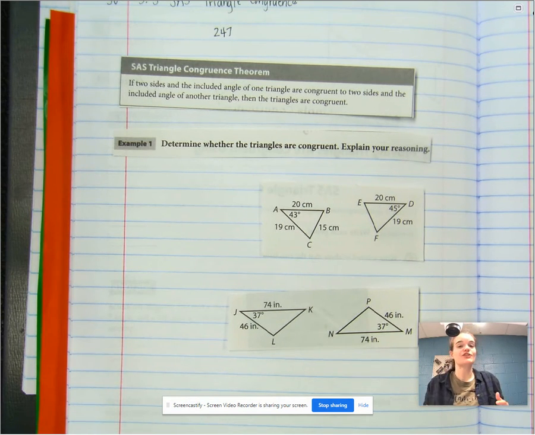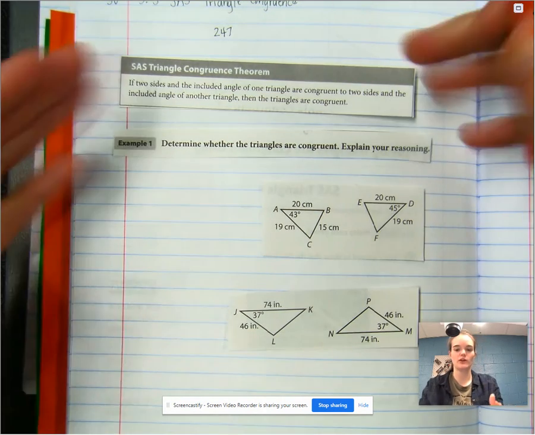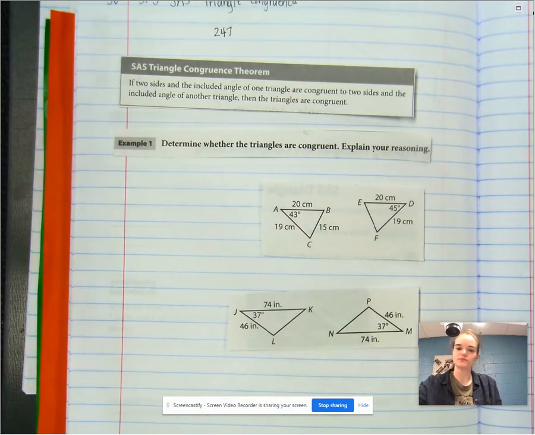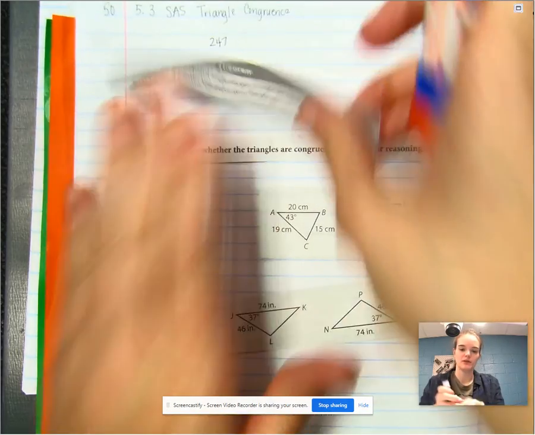All right, so we're going to start off with the same kind of thing we did yesterday. We're going to talk about the theorem. We are going to see, based on some actual side lengths, if they're congruent or not. Then we'll get to the proofs in a minute. So let's just go ahead and glue these in the order we got them here. I'm going to glue in the theorem at the top.